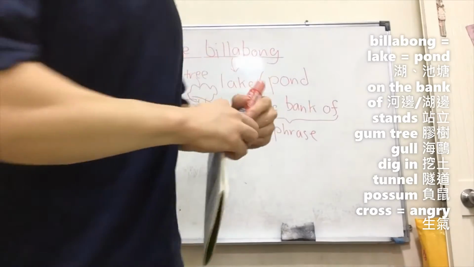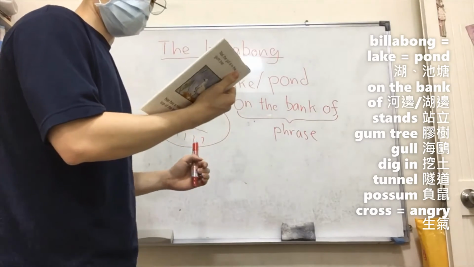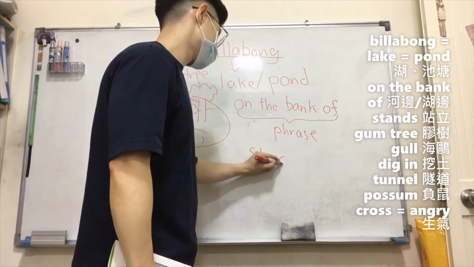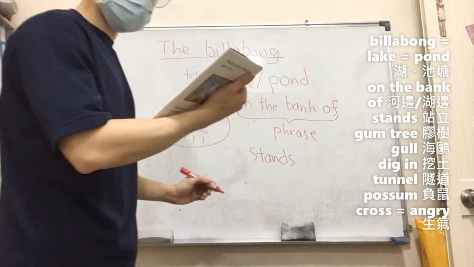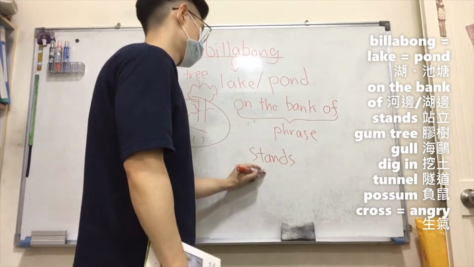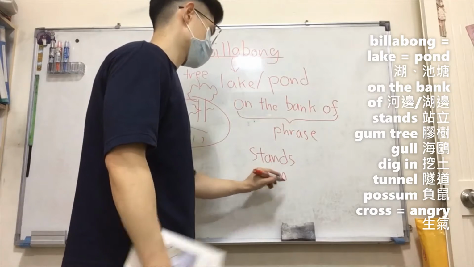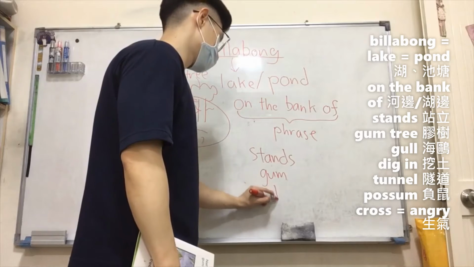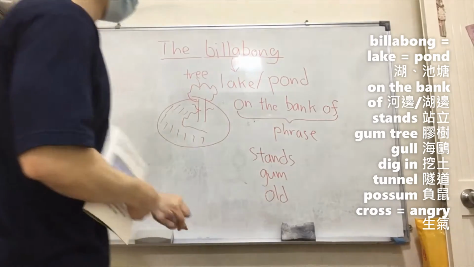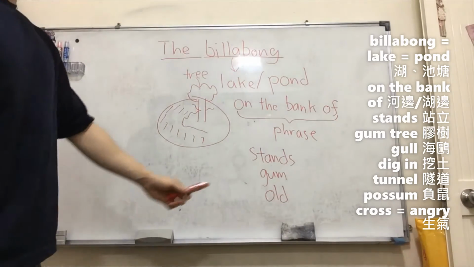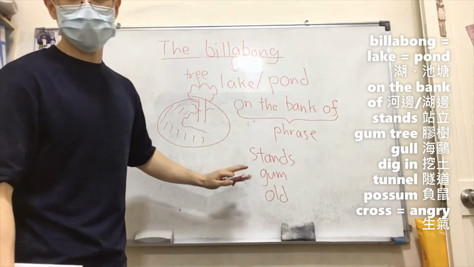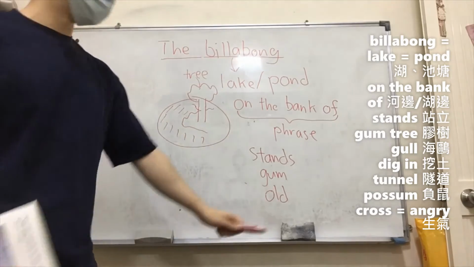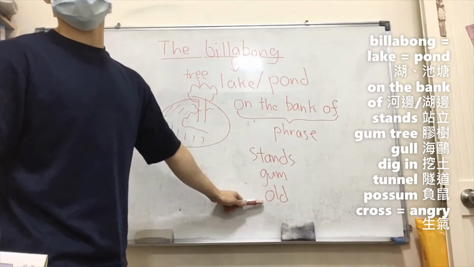Another new word here is stands, as well as gum. We also have the word old. I'm sure that I do not need to explain the meaning of the word old. Old is very easy to understand.